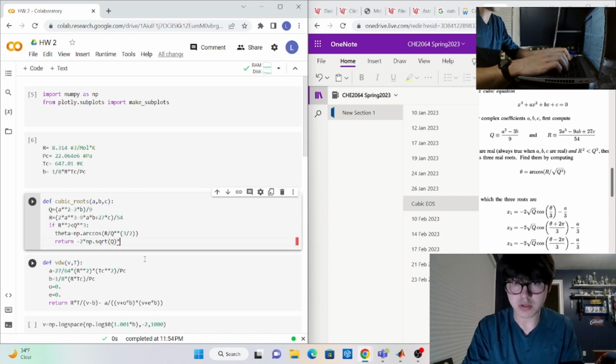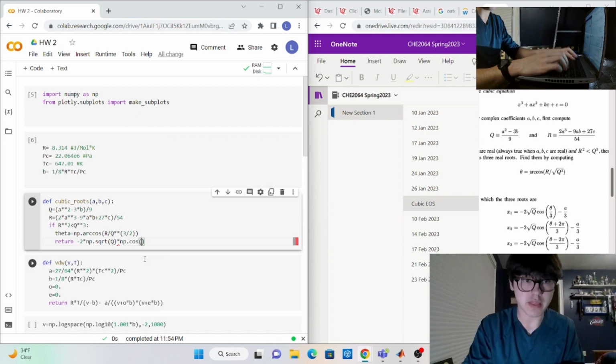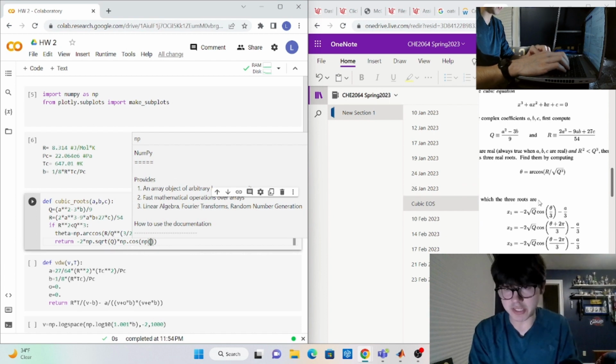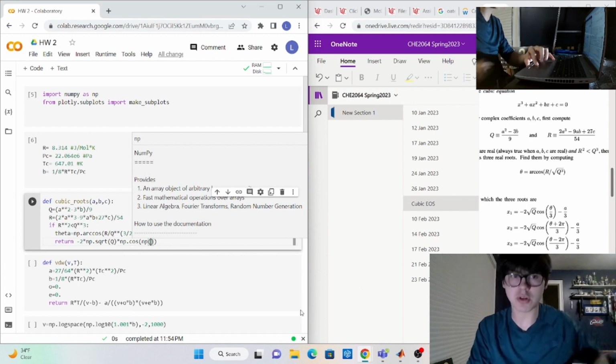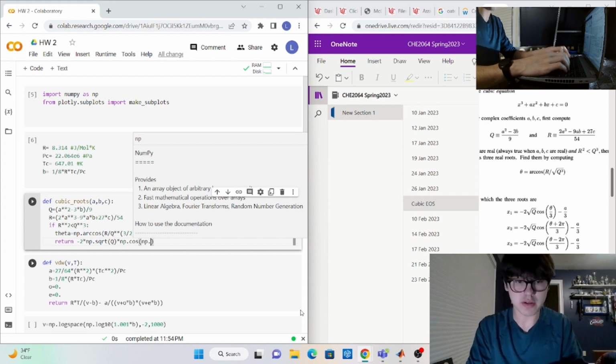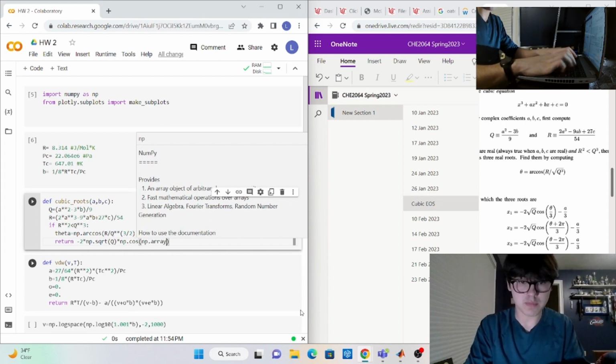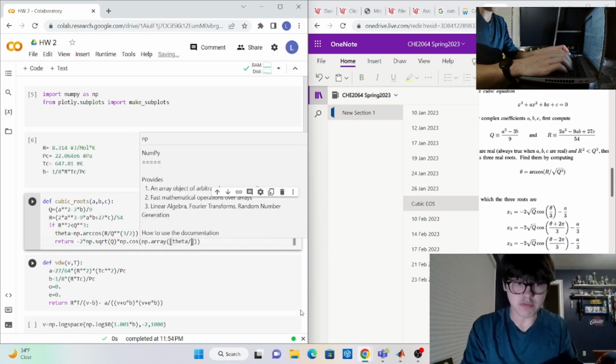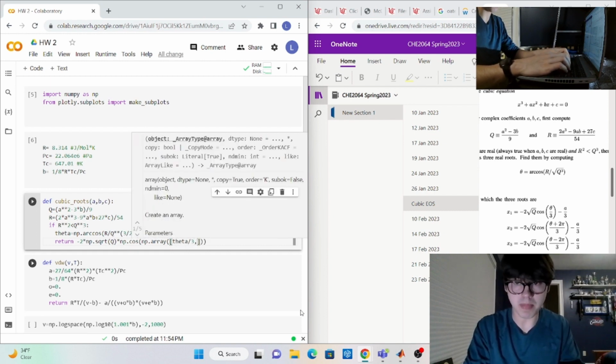times np dot cos, and then we want it to be multiplied by an array, because we're going to change these values here in the center, but everything else in the expression is going to stay the same. So np dot array, and in the array it's going to be theta divided by 3, theta minus 2 times np dot pi.